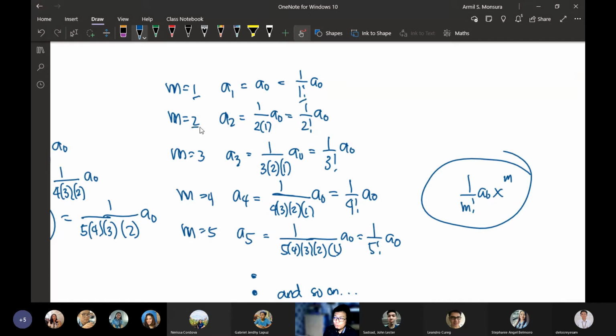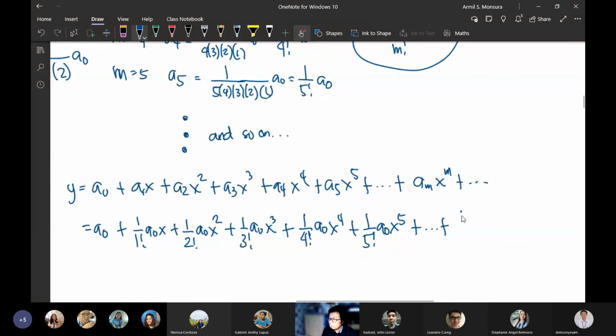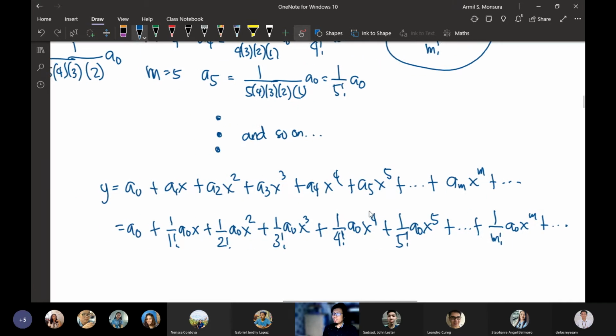Pareho yan. 2, 2. 3, 3. Okay, so pareho yan. Kaya kung m ang i-assign nyo dito, m din ito. So, we'll write the m term here as 1 over m factorial times a0 times x raised to m. And so on.